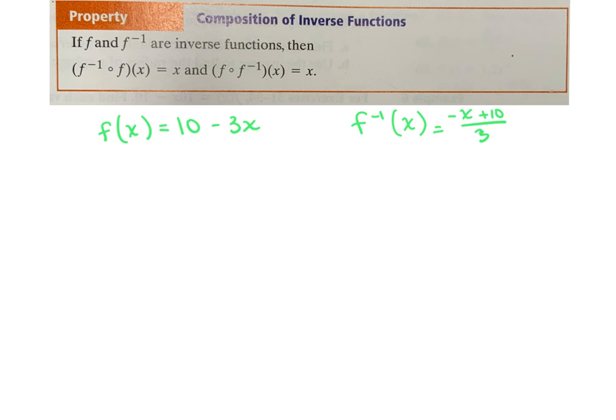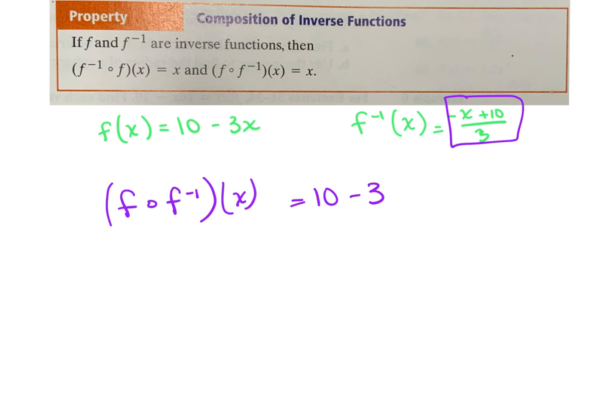So if I do this composite, f of its inverse, then I'm saying take the inverse and plug it in. So I'm going to say 10 minus 3, instead of x, I'm going to substitute in this guy: negative x plus 10 over 3. Plug it in, then simplify.